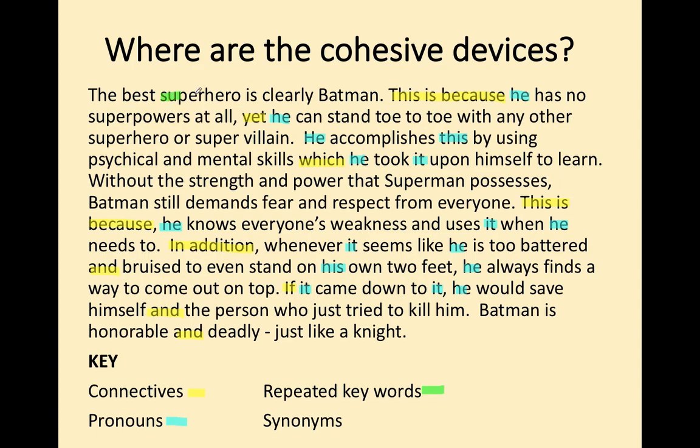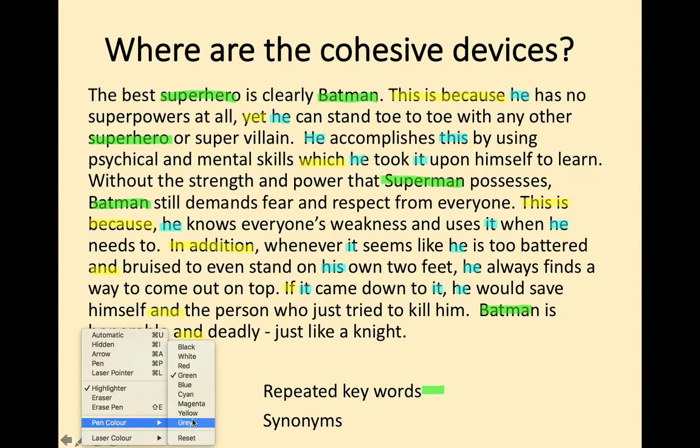So here we can see we've got superhero, Batman, superhero, Superman, Batman again, and Batman again at the bottom. Okay, so those are our repeated keywords that we've got there.